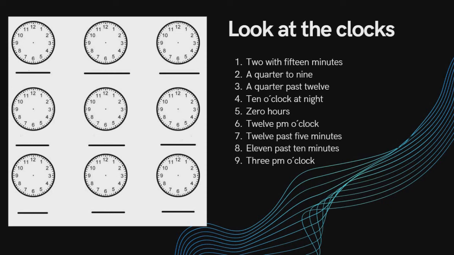Lo que tienen que hacer es que ustedes van a leer las oraciones de la 1 a la 9 y luego van a colocar las agujas, depende de lo que les está pidiendo las oraciones. Luego de esto van a escribir en número la hora representada en las oraciones. I'm going to give you an example on how it should look.